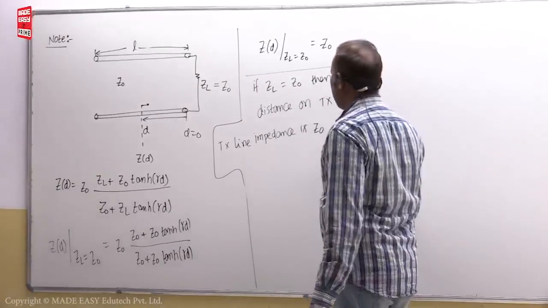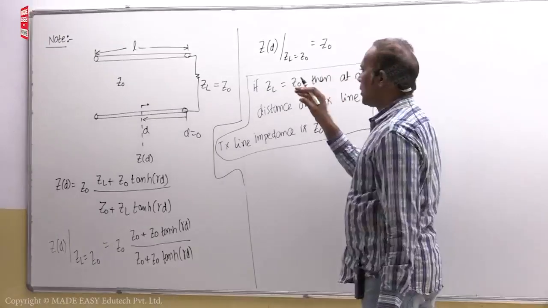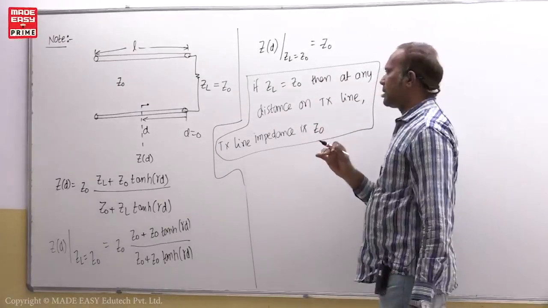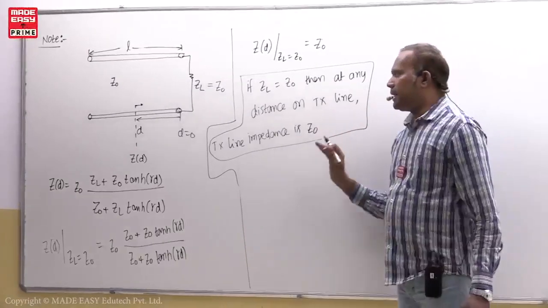So this point you have to remember. If ZL is equal to Z0, that means the load is matched with its characteristic impedance, then at any distance on the transmission line the impedance is Z0.